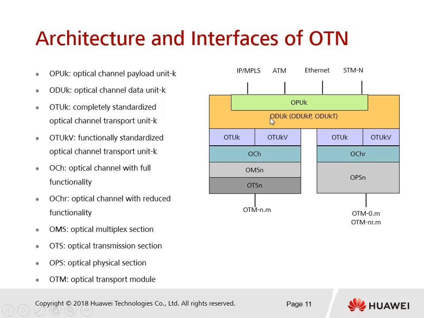The ODUK is the payload for the OTUK, where we add the OTUK overhead and also the FEC. Then it becomes one optical channel. Multiple OCHs will be multiplexed in the OMS. Then the OMS together with the OSC goes to the OTS. So this is the architecture and interfaces of the OTN.